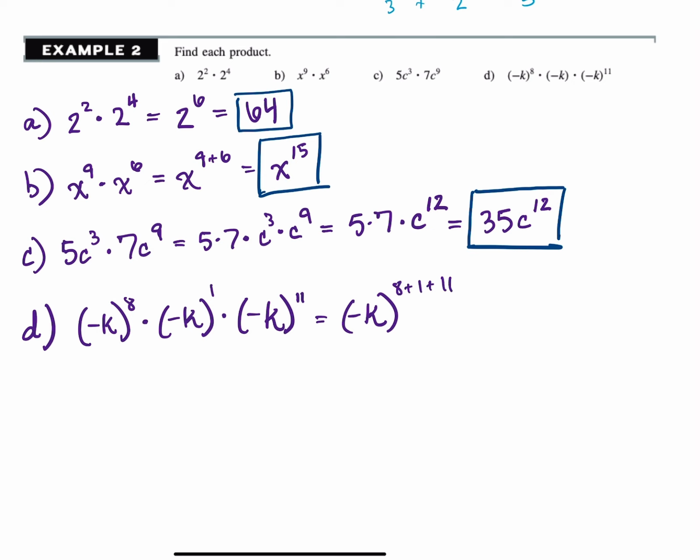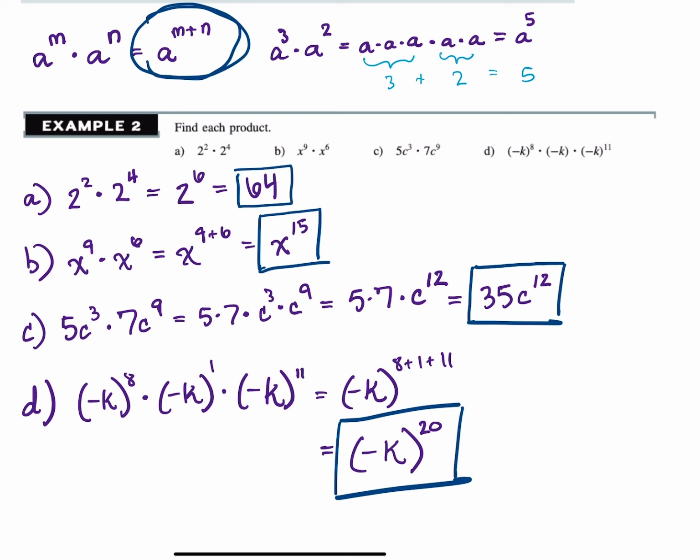So if we have a multiplication where the base is the same, like we saw with each of these, and the exponents are different, then the result is that same base with the sum of the exponents.